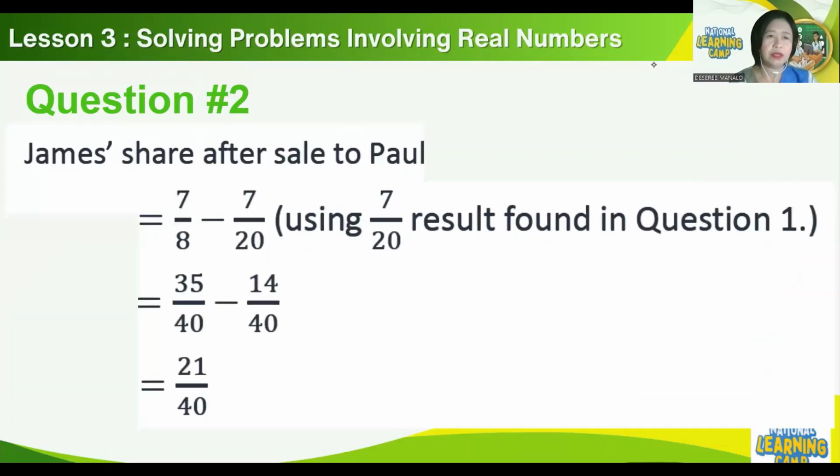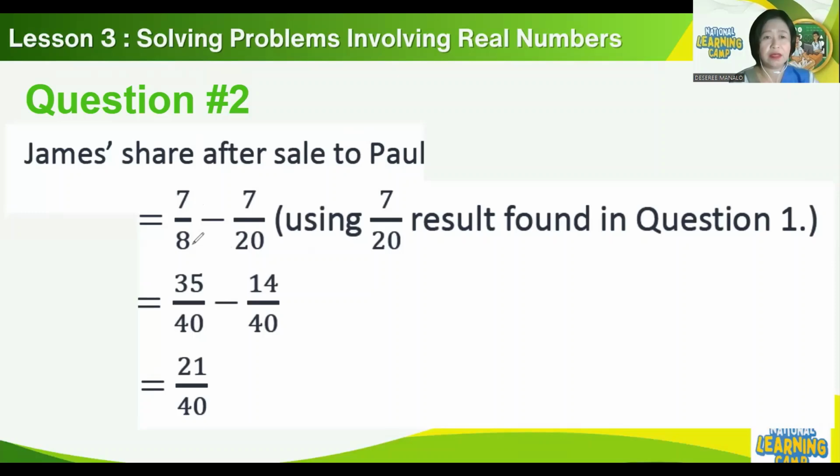For question number 2, James's share after sale to Paul. So 7/8 minus 7/20. Using the 7/20 found in question 1, we have 35/40. Why 35/40?